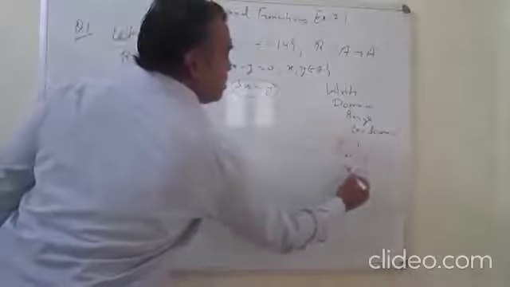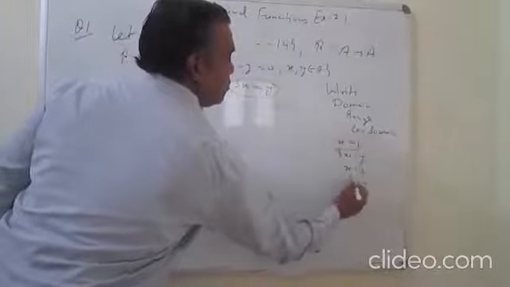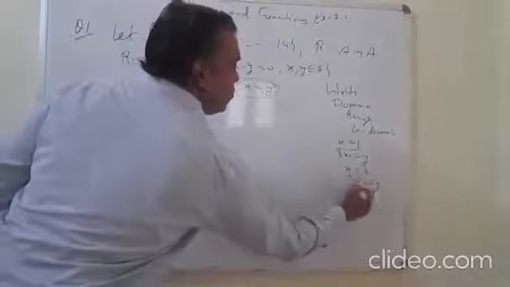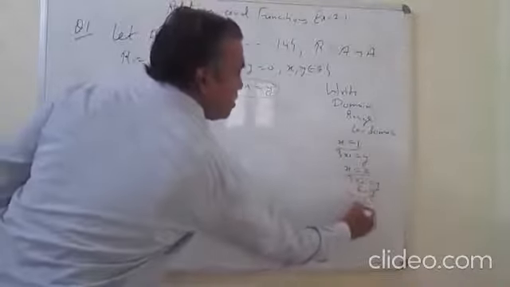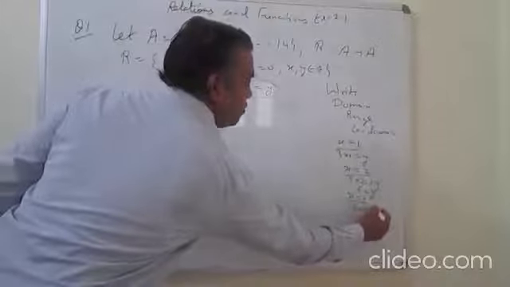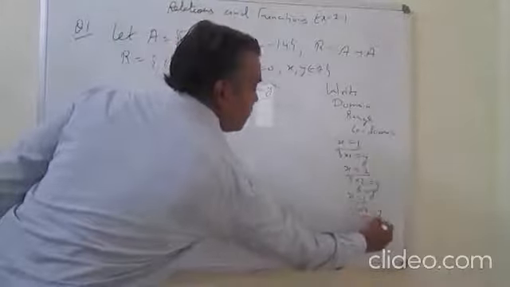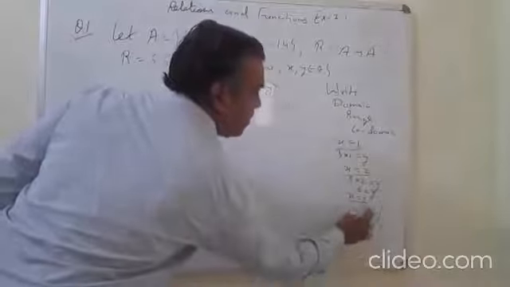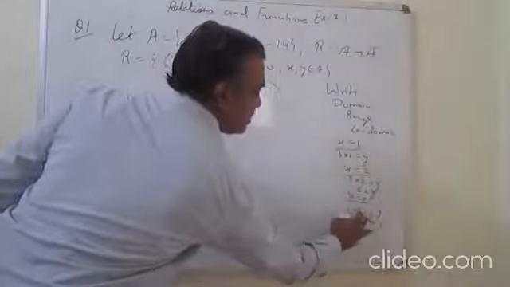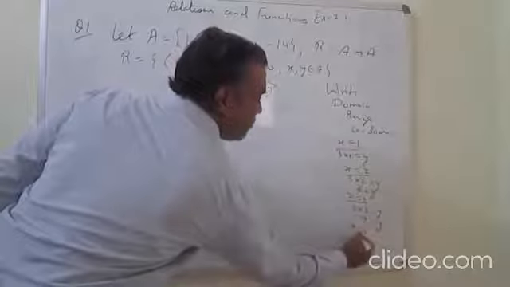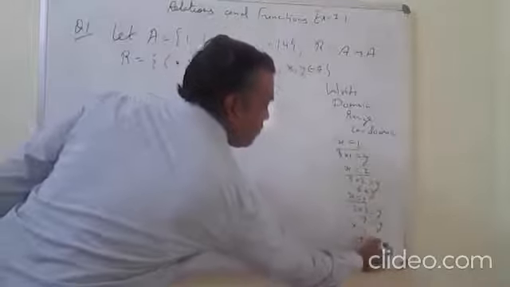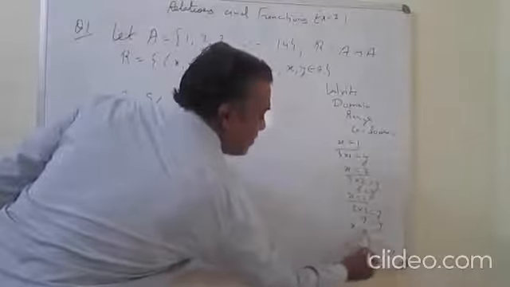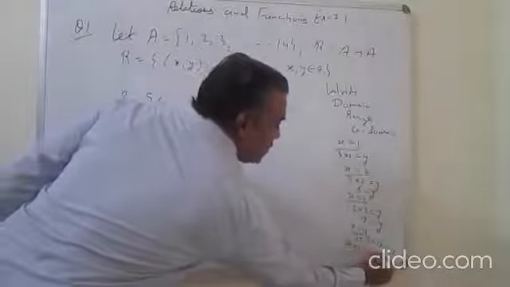If I take x is equal to 2, then y is equal to 6. If I take x is equal to 3, then y is 9. If I take x is equal to 4, it is 3 into 4, 12, is equal to y. If I take x is equal to 5, it is 3 into 5 is equal to 15.